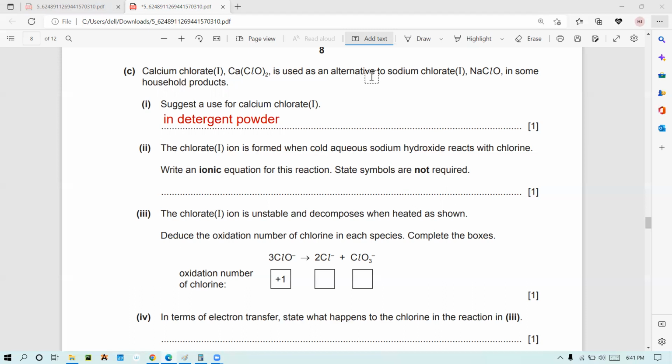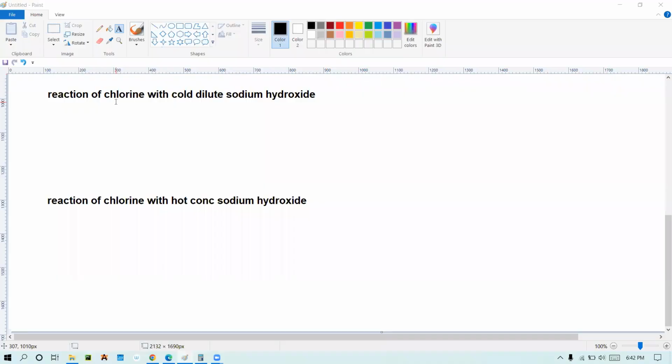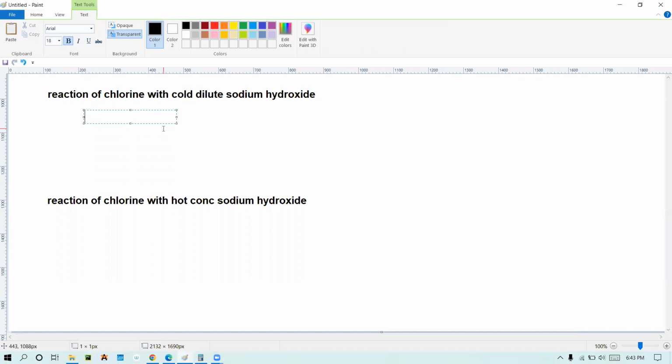This is about reaction of sodium hydroxide with chlorine gas under different conditions. Chlorine is able to react with sodium hydroxide in 2 different ways according to the condition of the sodium hydroxide.